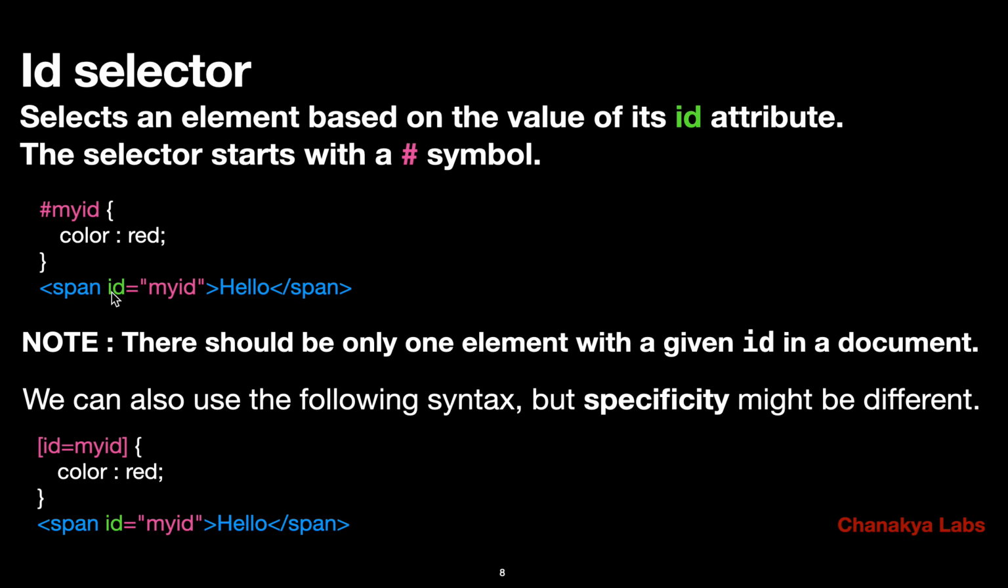Similarly, class is equal to, we can use the dot class name syntax, but still we can use it like this. So in general this syntax will work for any attribute name, and it is most useful when it is not a class or ID, some other attribute we are trying to target. In the next video, we'll see in more detail what the attribute selector is.